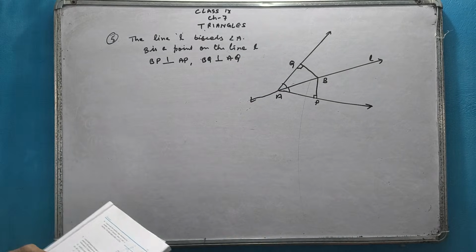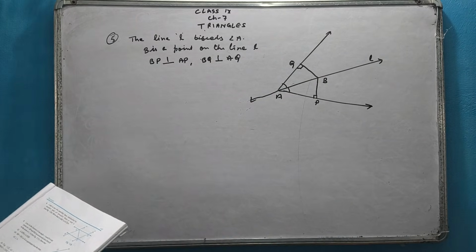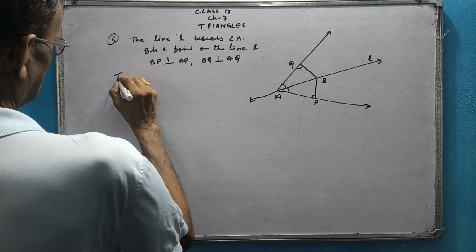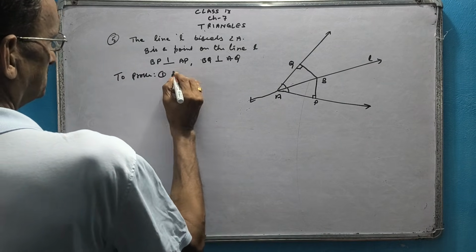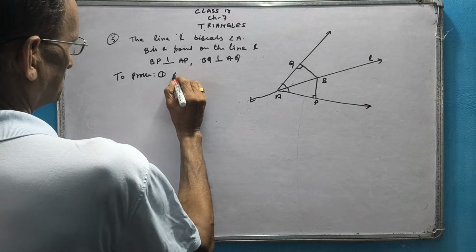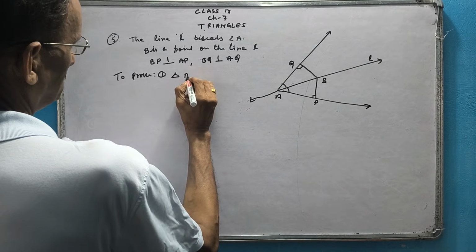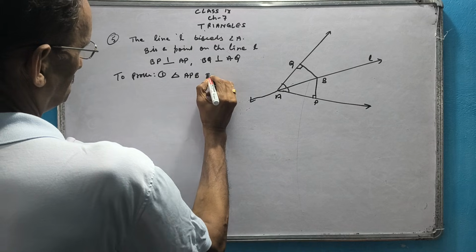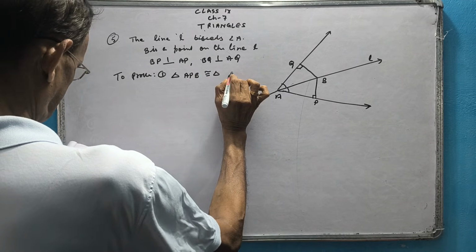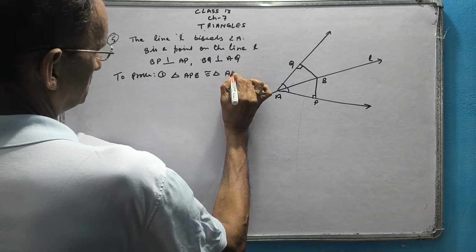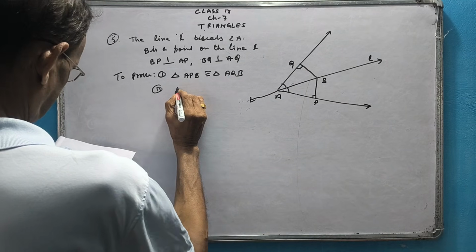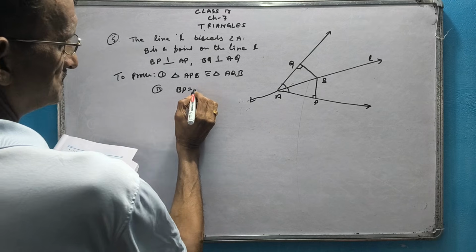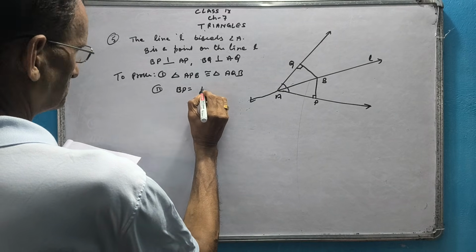We need to prove number 1, triangle APB congruent to triangle AQB. Number 2, BP equal to BQ.